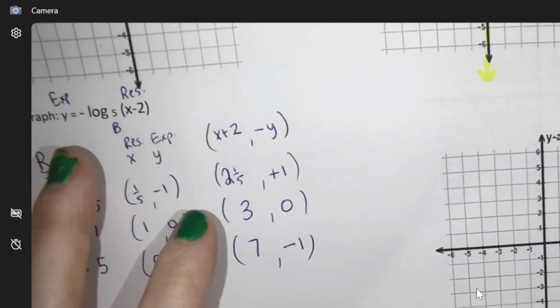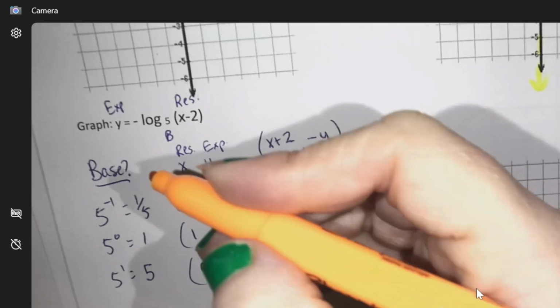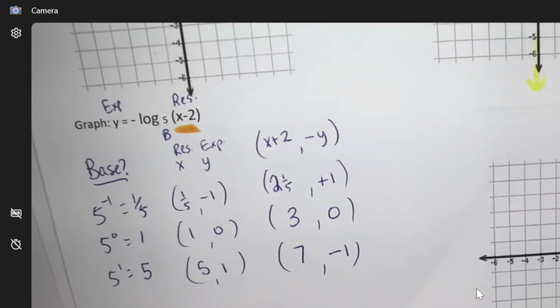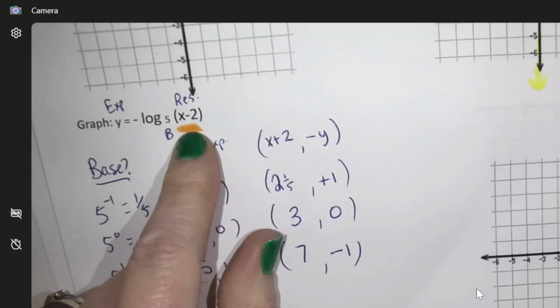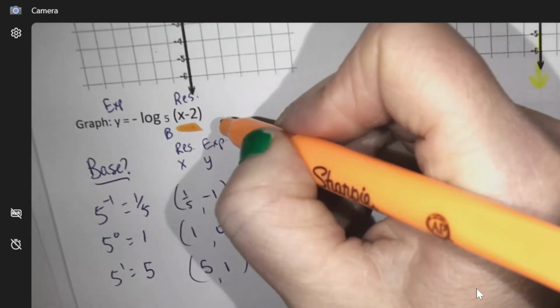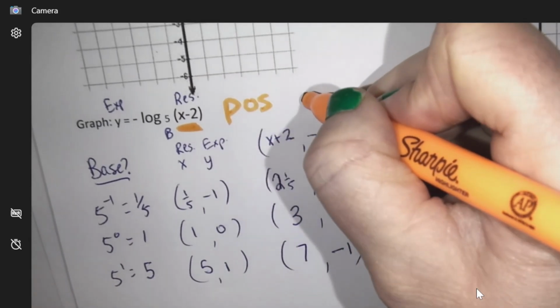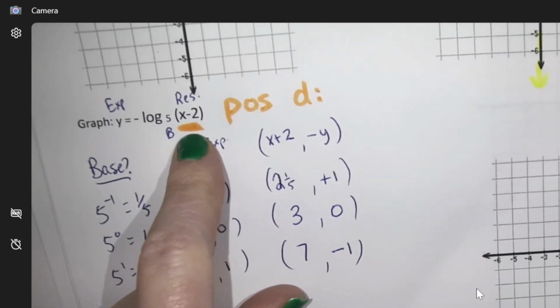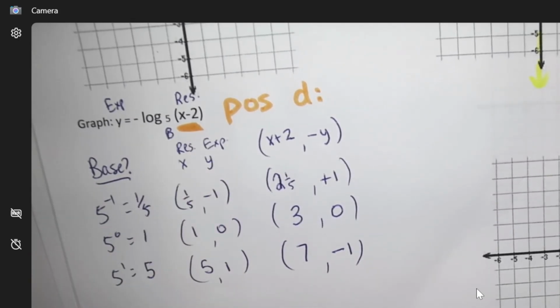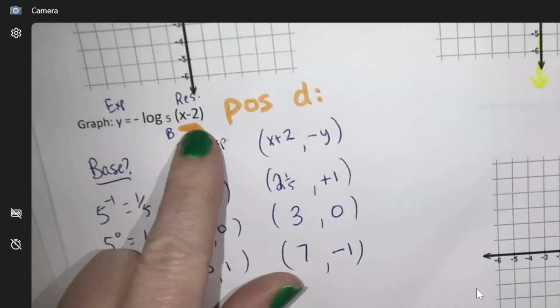Okay, do you remember something that I talked about yesterday? I said whatever you're doing as a log, your result has to be positive. Okay? What is your domain if you want this value to be positive? If you want this to be positive, you can't be 0, you can't be negative. You have to be positive.